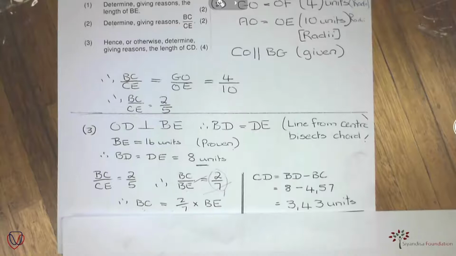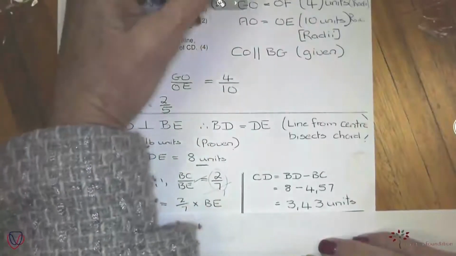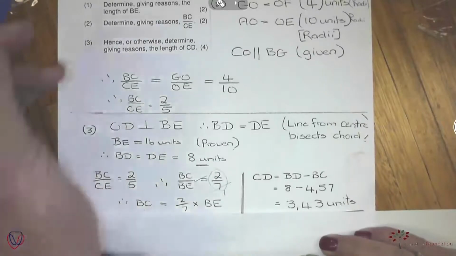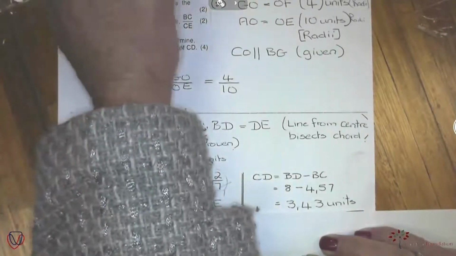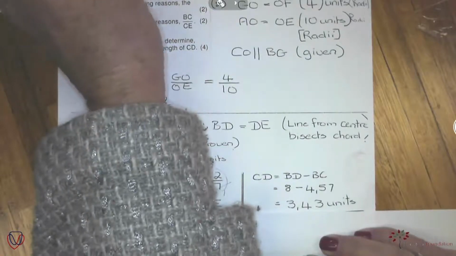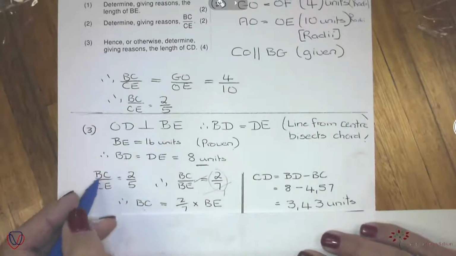Not so easy. So what did we actually work with? We worked with the length of BE that we got there already. We worked with the ratios. BC over CE is 2 over 5. But then we said BC over BE is 2 over 7.